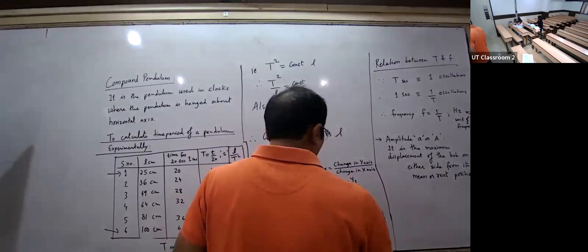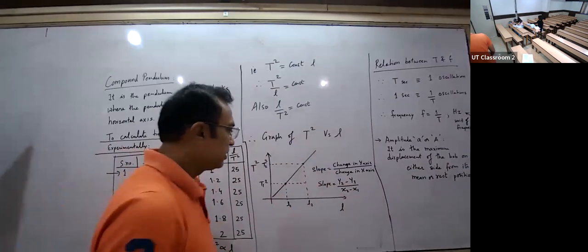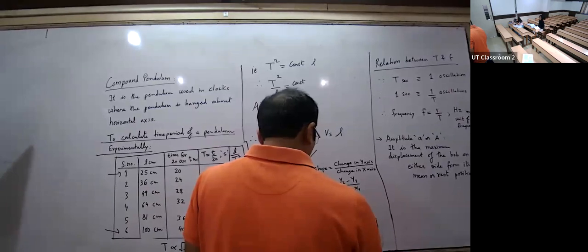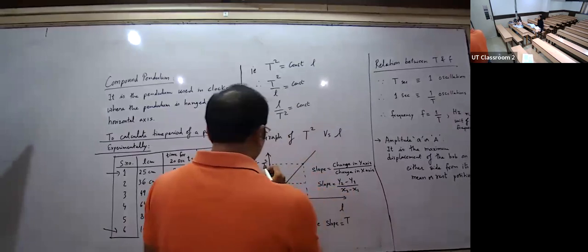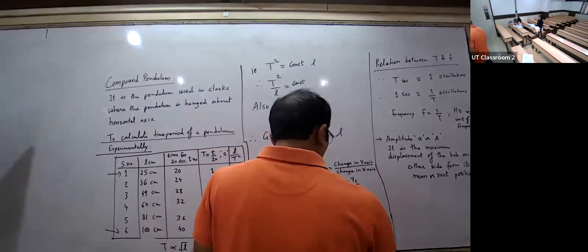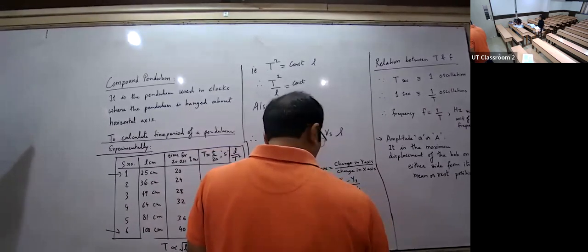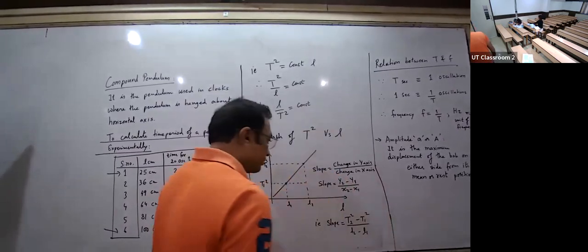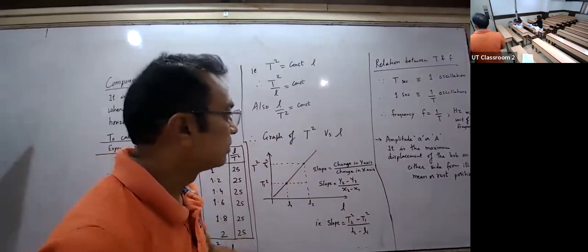This is the general definition of slope. But what is the y2, y1 here? Slope is equal to T2 squared minus T1 squared divided by L2 minus L1. Okay, so slope of the graph gives this value.